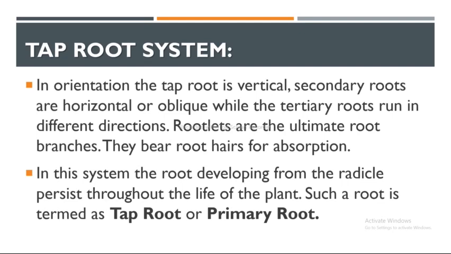Rootlets are the ultimate root branches. They bear root hairs for absorption. In this system, the root developing from the radicle persists throughout the life of the plant. Such a root is termed as taproot or primary root.